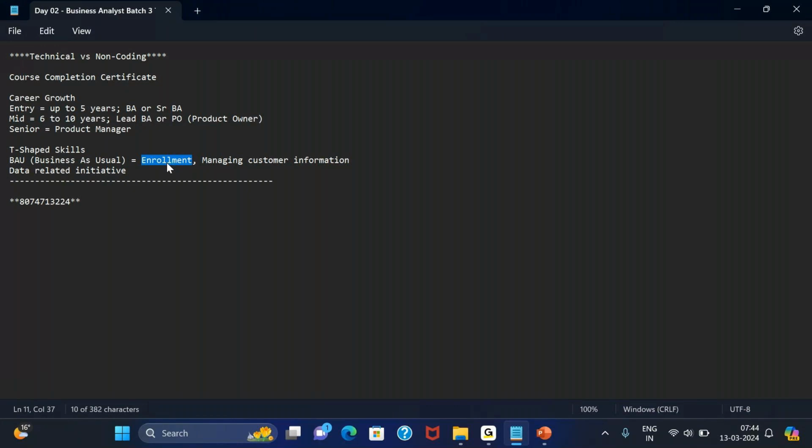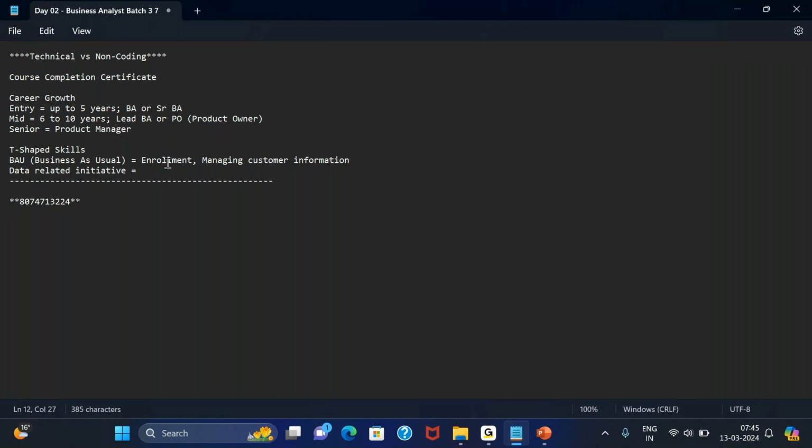Now we can use this data to do a lot of initiatives. For example, we can see how many customers I have from Telangana, or basically how many customers I have from every state of India. Then I can identify which state I have the highest number of customers from, and which state the lowest.